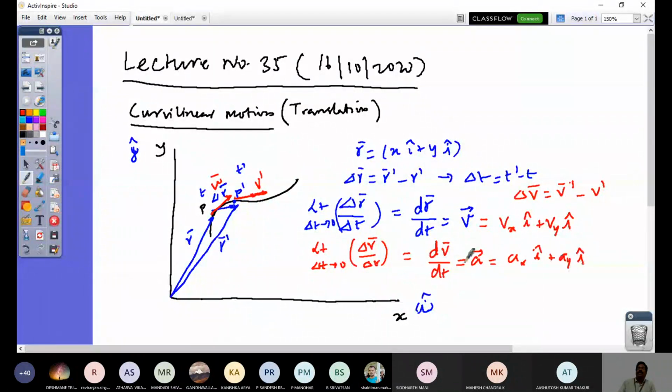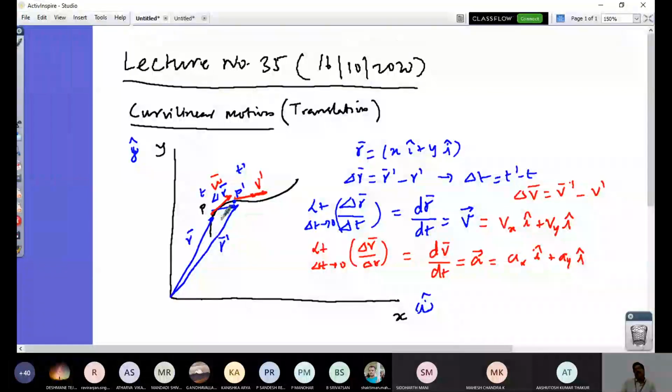Where is this acceleration vector located? If you look at the path, it will always be on the curvature side. When it becomes an instantaneous acceleration at point P, I will have my acceleration in this direction somewhere. This is my acceleration vector.